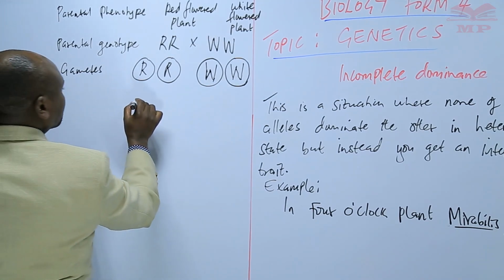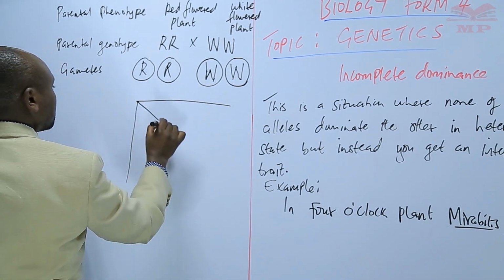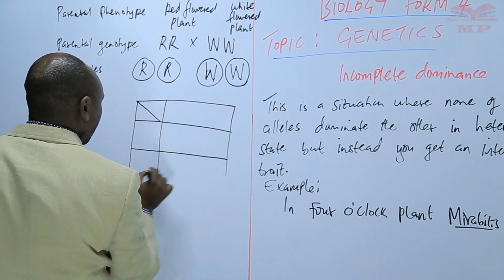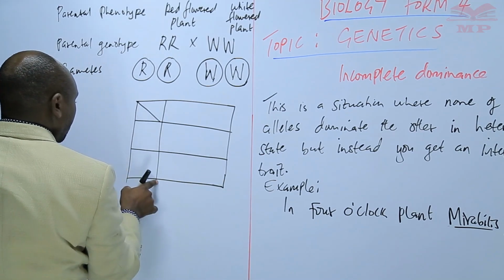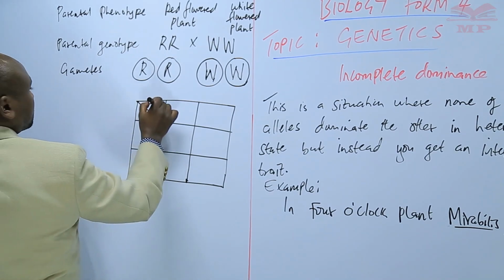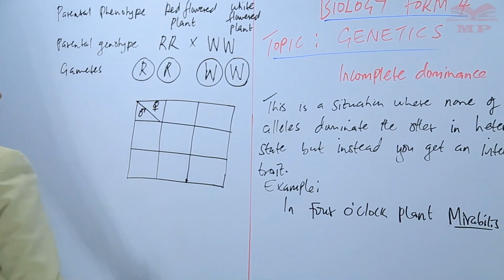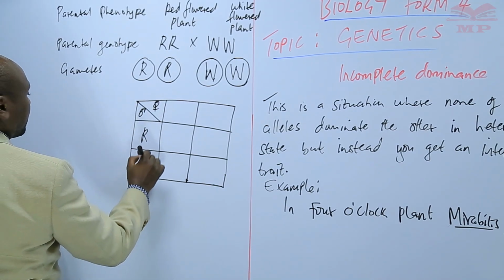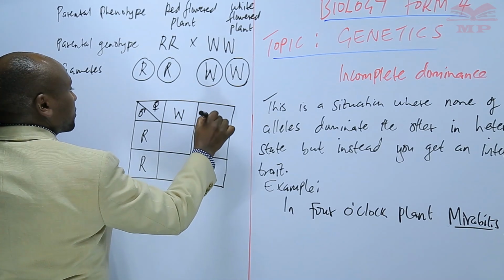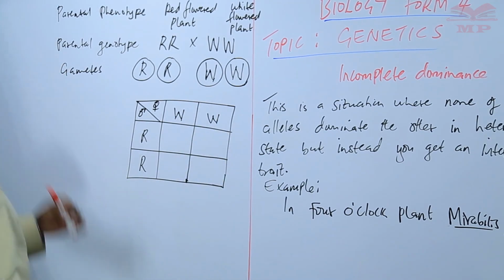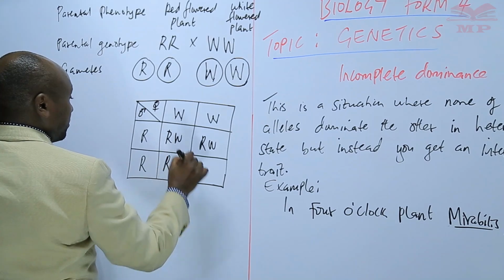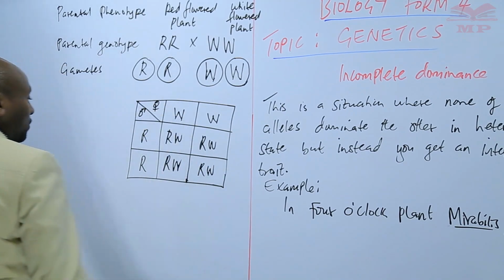Then in the fusion, we use the Punnett square. So we have R from the male plant, the one that produces the male gametes, and W from the plant that produces the female gametes. So R and W in every box.